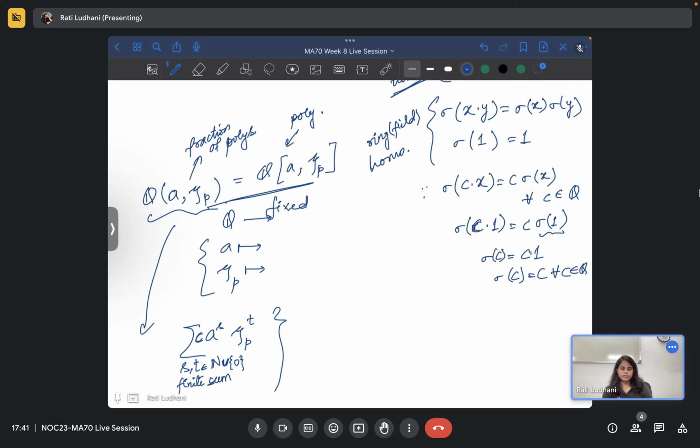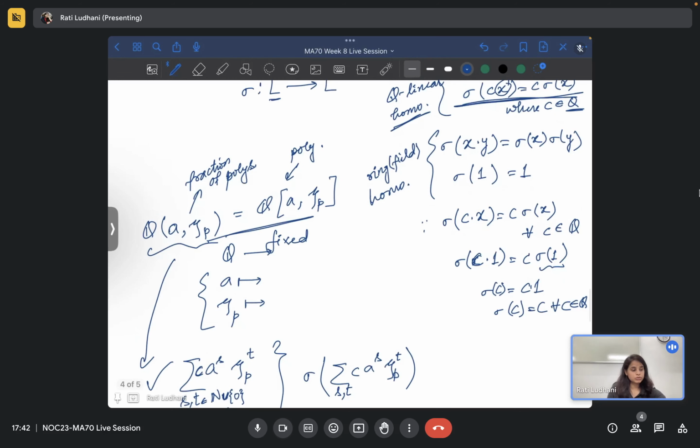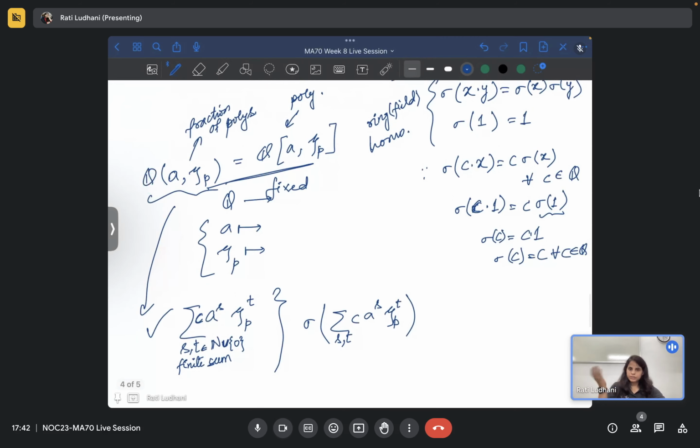Okay. So every element will look like this, and now if we want the map, where will it map? Firstly, we know that over the sum it will split because of the Q-linear homomorphism. Linear means vector space homomorphism, you know that.